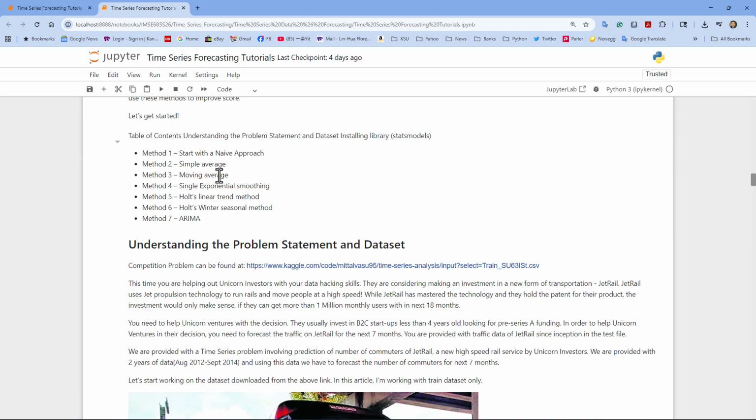Then, simple exponential smoothing, we know that it's only forecasting the level of your historical data. Then we move on to the exponential smoothing with a linear trend, and this is referred to as the Holt method.